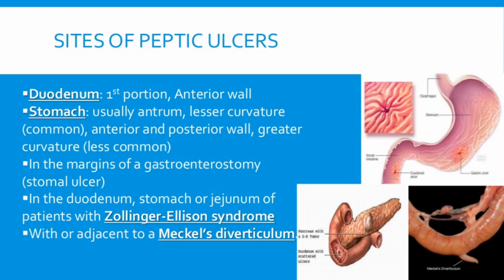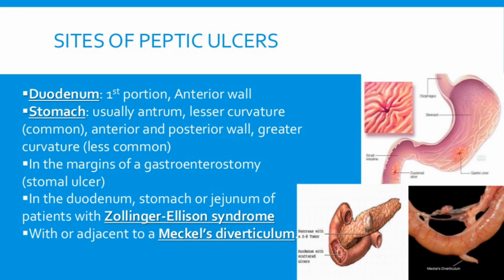So now let's discuss the sites of peptic ulcer. Duodenum, first portion, anterior wall. Stomach, usually antrum, lesser curvature is more common as compared to greater curvature. The margin of gastroenterostomy, and this is the site at which a surgical connection is performed between the stomach and the jejunum, often performed in gastric bypass surgery or to bypass gastric obstruction.